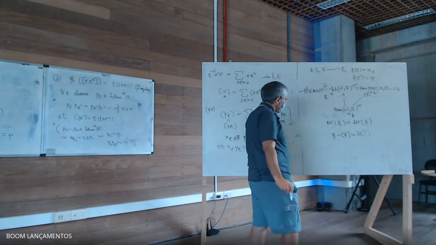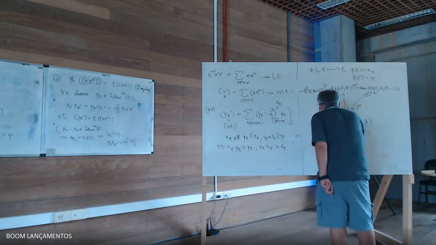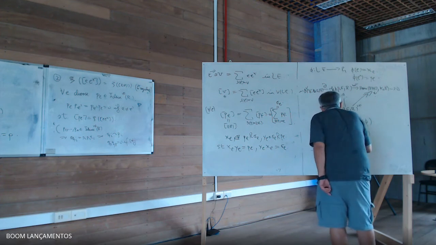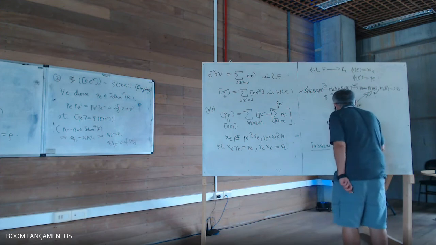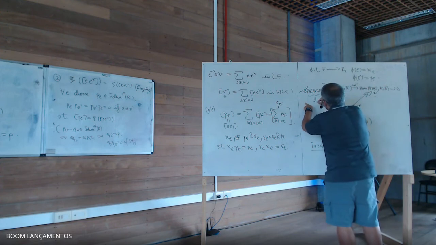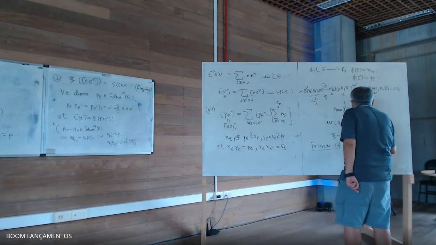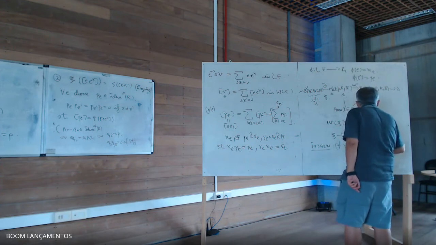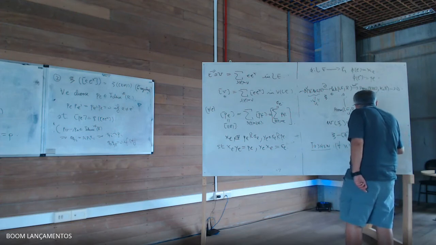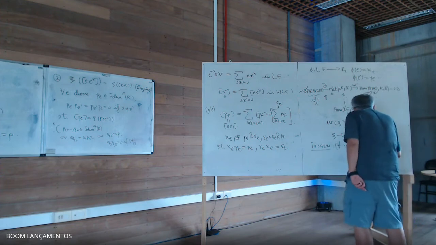So what I need to show is that for any class, let's call this U, for any U, phi plus boundary of U is the class of some phi U, where phi U is still a homomorphism.